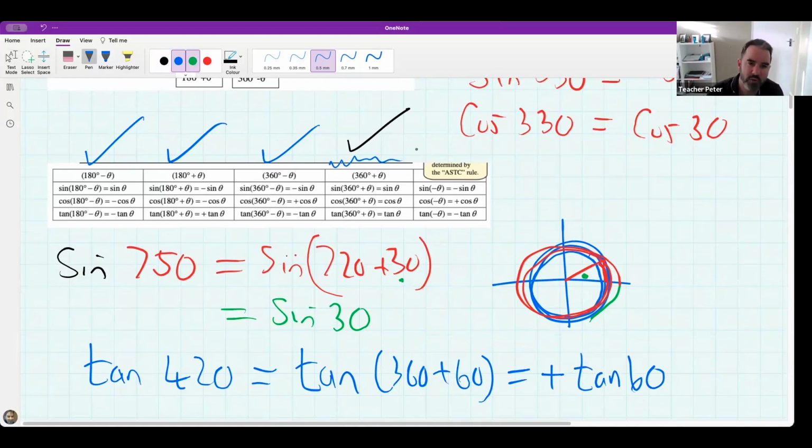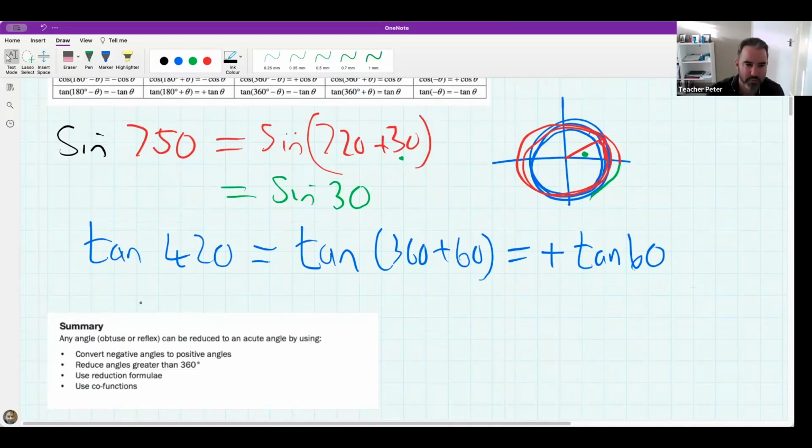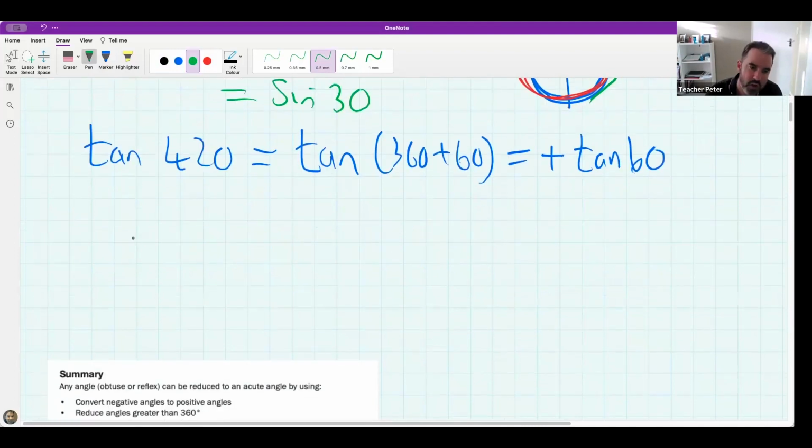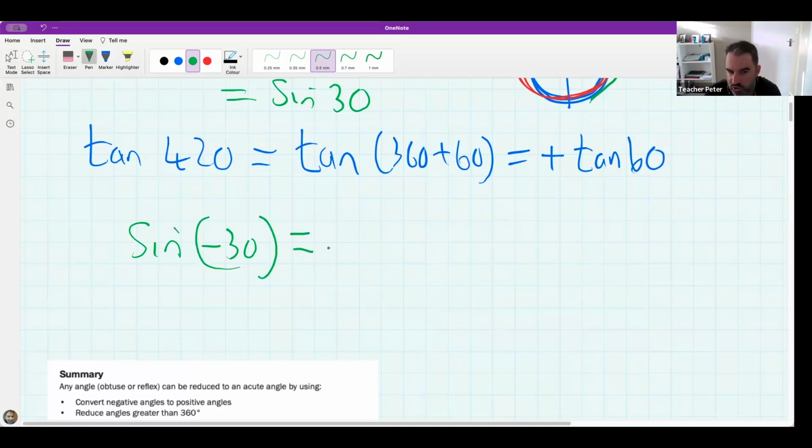Now, the other one we have to deal with is negative angles, but these are actually even easier. So let me just show you how the negative angles work. If I have the sine of minus 30, I want to not so much reduce it, but change it to a positive angle. The way I visualize minus 30 is I start here and I go in this direction, whereas positive 30 is going the other way. Now, if I do that, the triangle that I'm going to get is going to look like that.